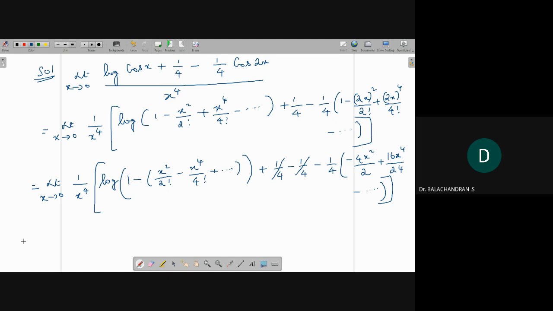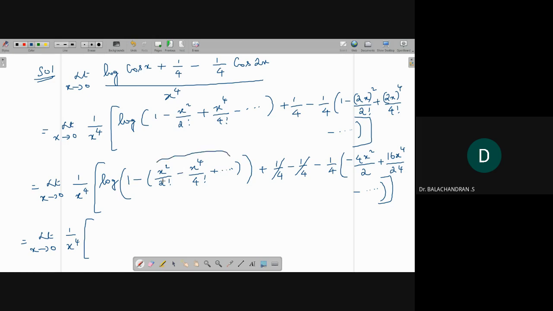Now this is equal to limit x tends to 0, 1 by x power 4 into log of, this portion is x.